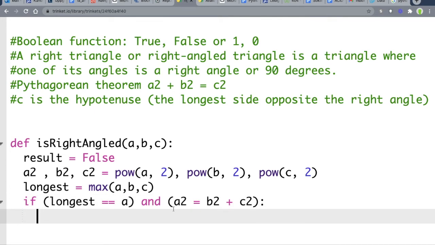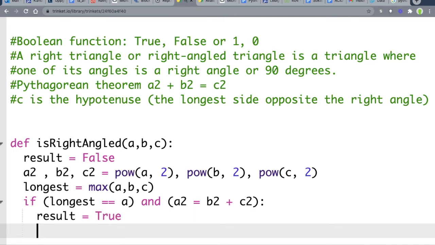If this is true and this is true, then the result should be changed to true. Okay, this is the first condition.